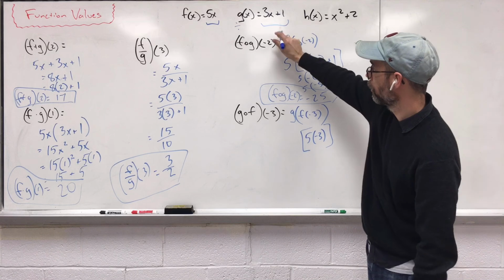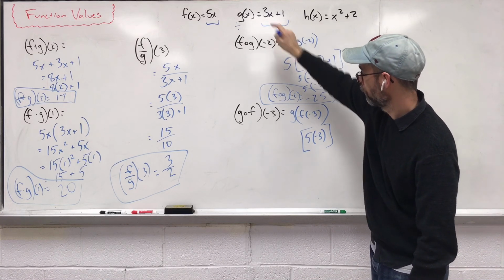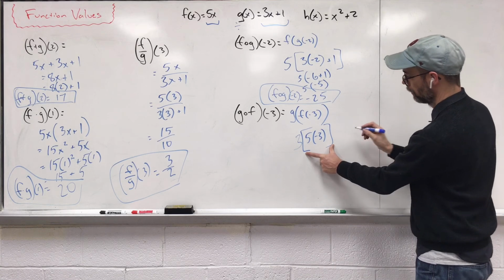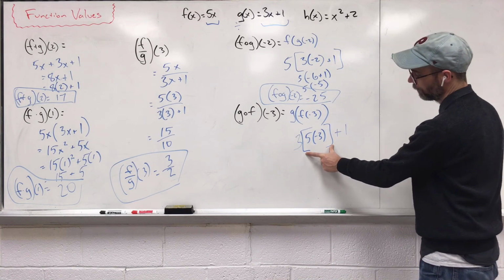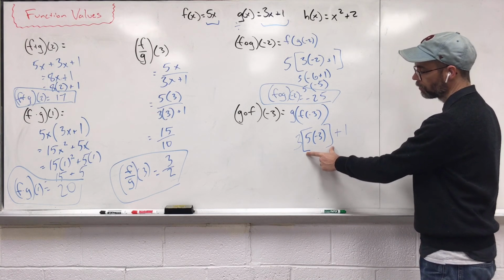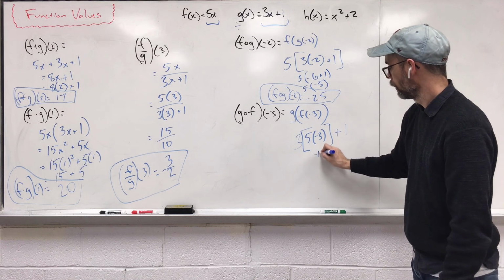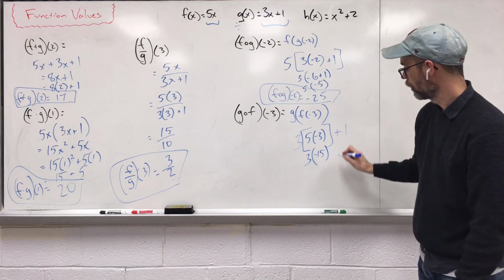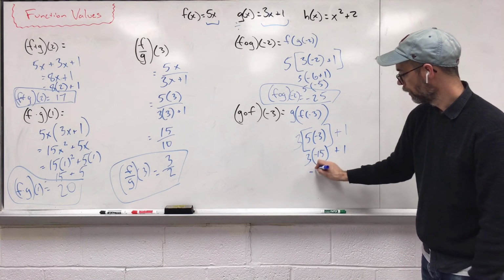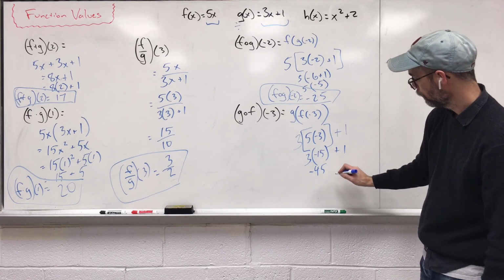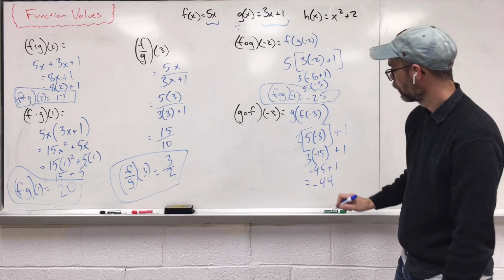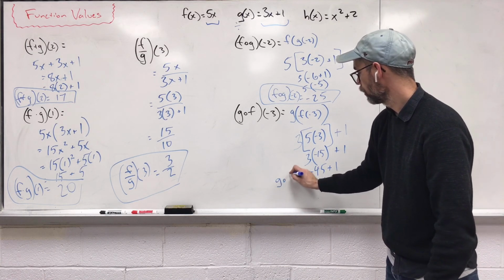Where's the only place it can go in? Right there. So you're going to have 3 times your x plus 1. Now let's do some algebra. Negative 15, bring down the 3, bring down the 1, negative 45, negative 44.